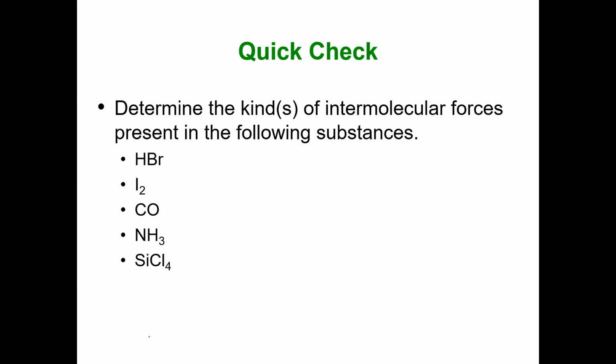So let's do a quick check to make sure we understand the intermolecular forces present. So if we look, this is where it really helps you to be able to draw Lewis dot structures. Now, hydrogen bromide, if we look at hydrogen bromide, right? There's 3 lone pairs on the bromine, and then there's 1 covalent bond, but it's polar covalent, so that's dipole-dipole. When we look at iodine, right? It has a single bond, 3 lone pairs on each iodine, right?